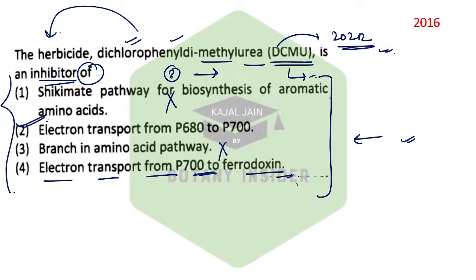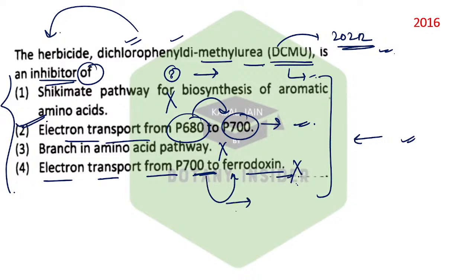Very good, those of you who marked the answer as B. Electron transport from P680 to P700 is the correct answer. This is not the correct answer. Write down in the chat section which particular inhibitor actually works here. What is the name of the inhibitor that blocks the pathway from P700 to ferredoxin?